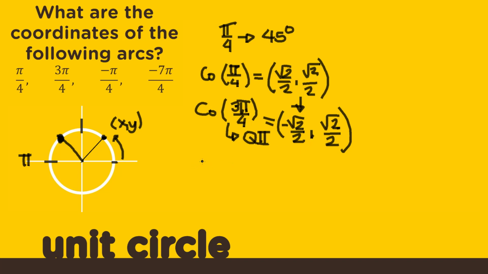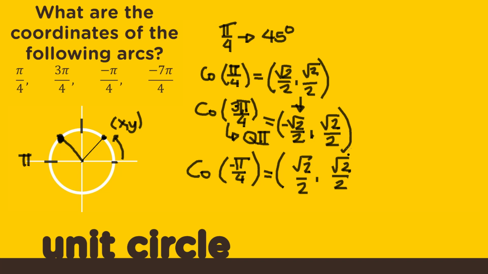So we can claim right now that the coordinates of negative pi over 4, even if it's negative, we're going to illustrate it anyway. We have the same figures, square root of 2 over 2. This is not yet the final answer, don't worry. We'll be completing that after we identify the location of negative pi over 4.